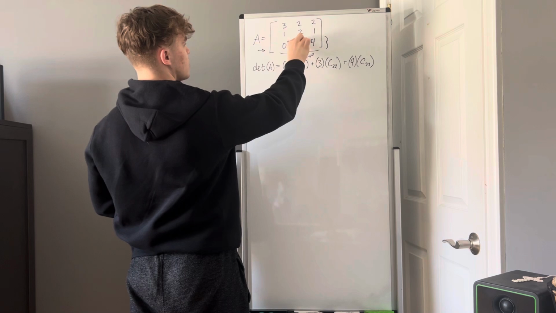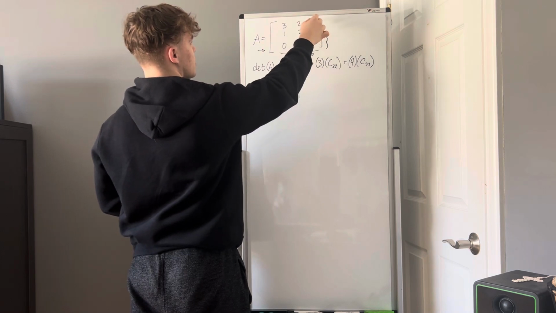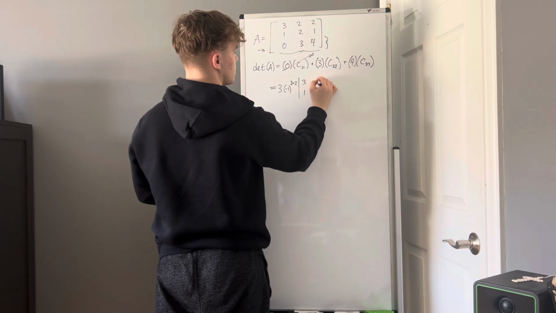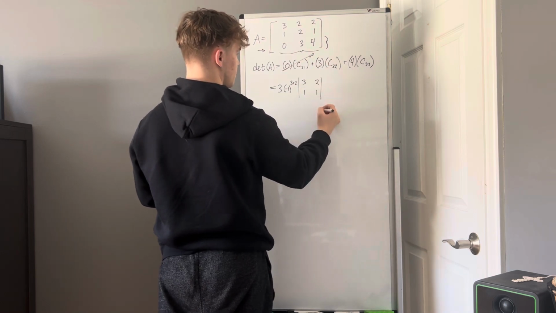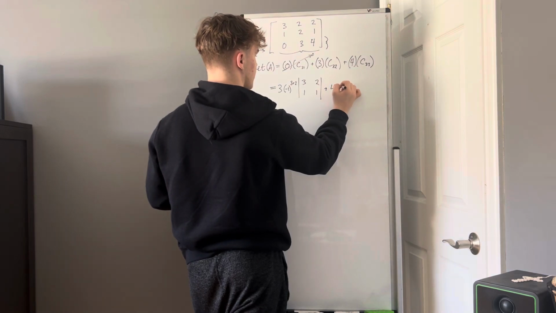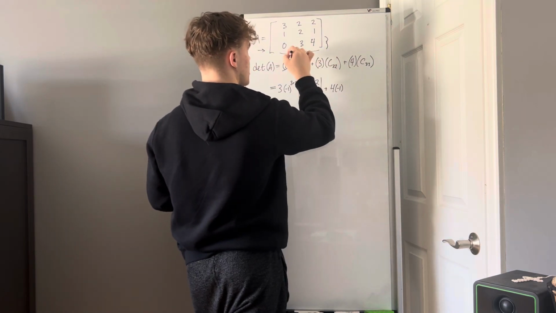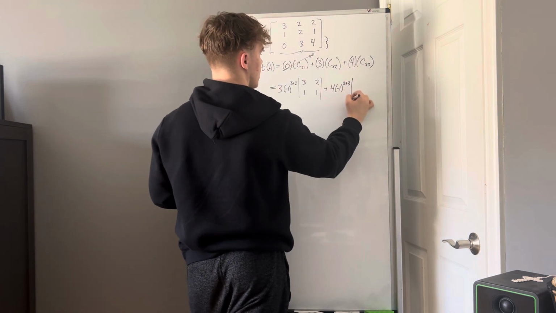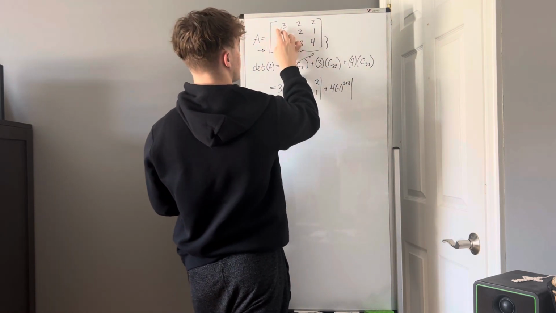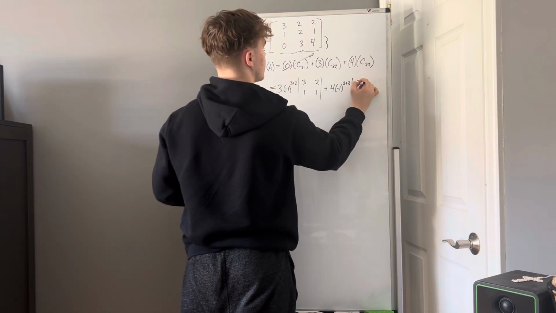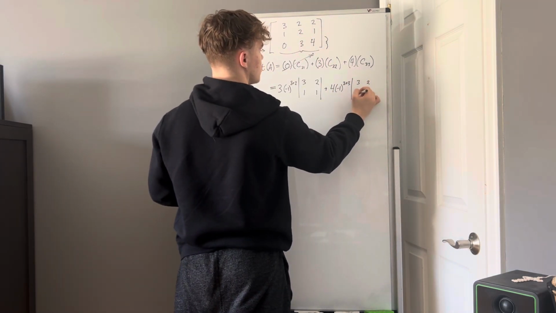We can cross this out, we can cross this out, so we've got 3, 1, 2, 1. And then we've got plus 4 times -1 to the 3 plus 3 times the determinant. Let's cross out the row and column that 4 is in. We've got 3, 2, 1, 2.